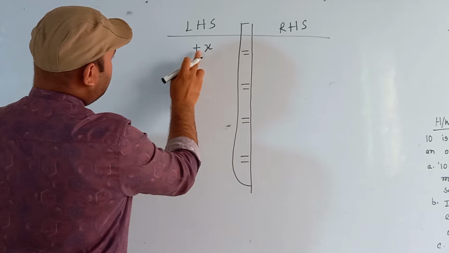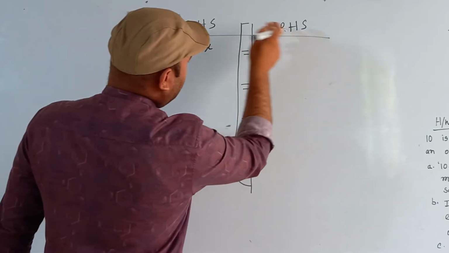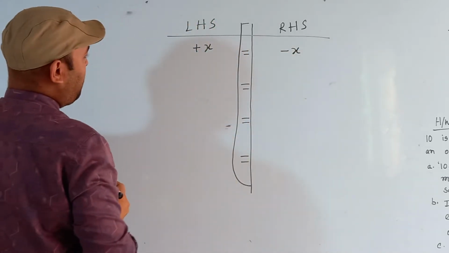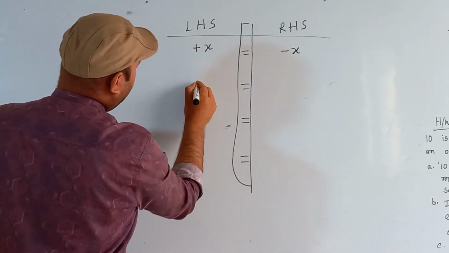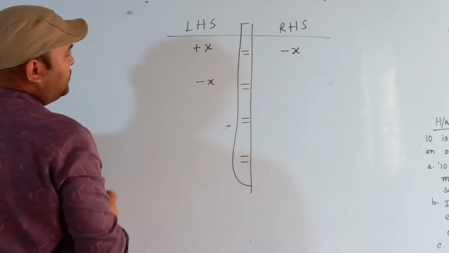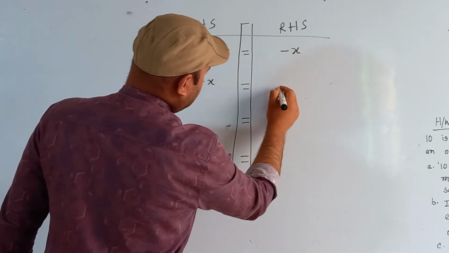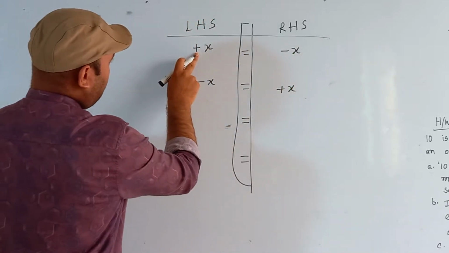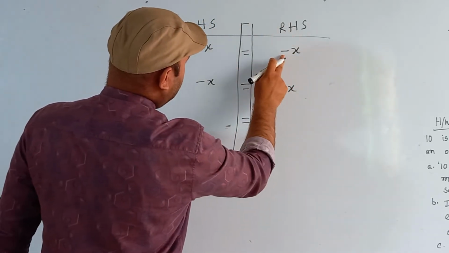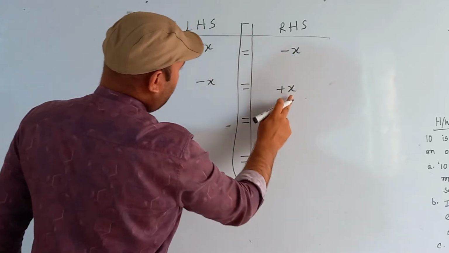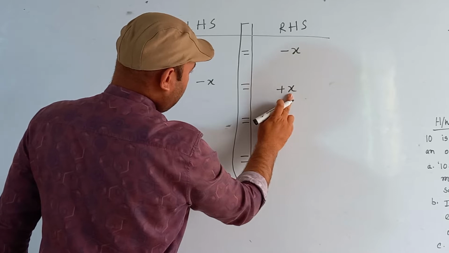Look here, here is plus x. If I take it to the right hand side, it will be minus x. If I write minus x in the left hand side and I want to take it to the right hand side, it will be plus x. If here is plus, after changing it to the right hand side it will be minus. If here is minus, after changing it to the right hand side it will be plus.